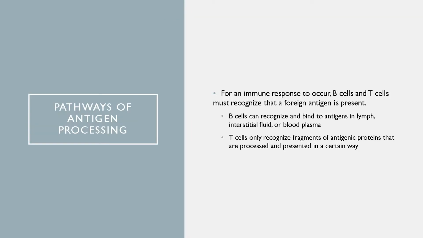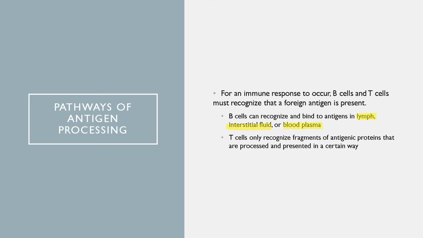Now, for an immune response to occur, B cells and T cells have to recognize that a foreign antigen is even present. B cells can recognize and bind to antigens in lymph, interstitial fluid, or blood plasma.